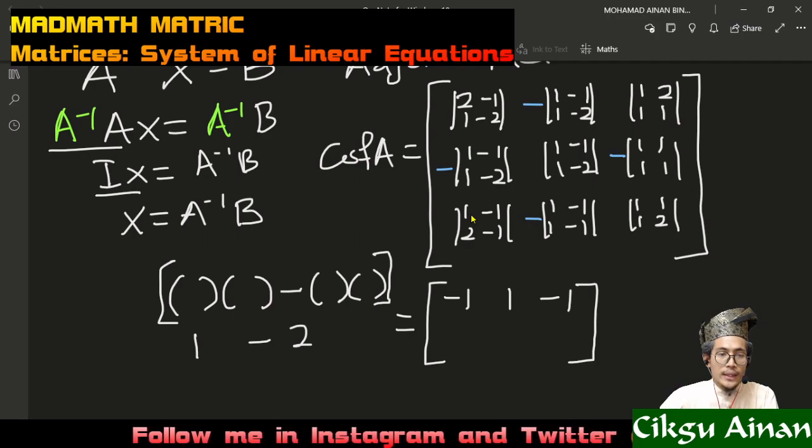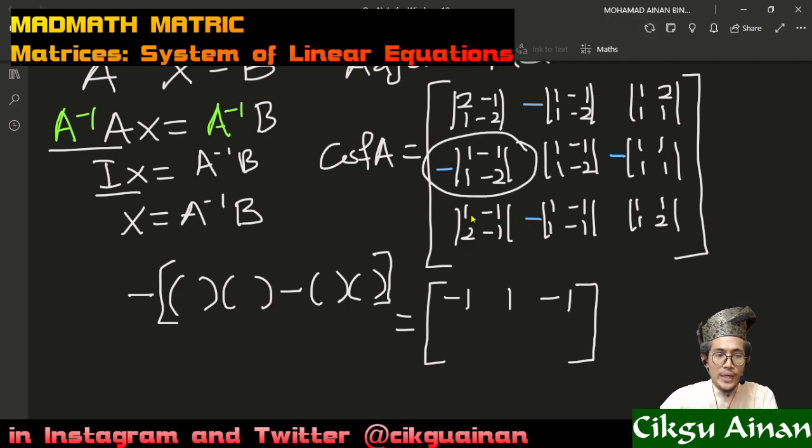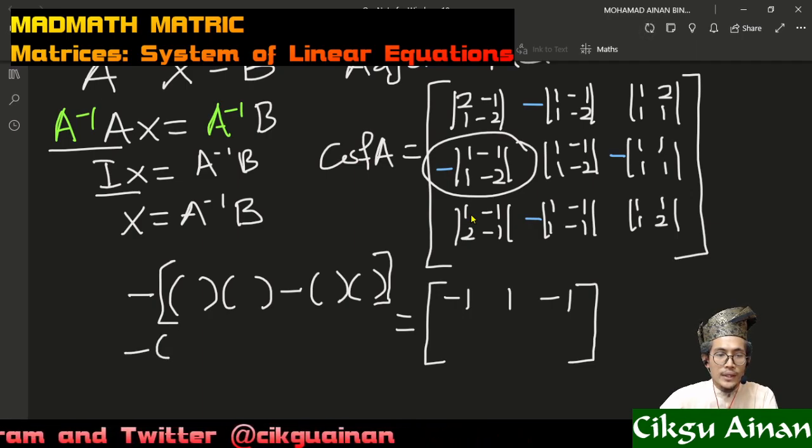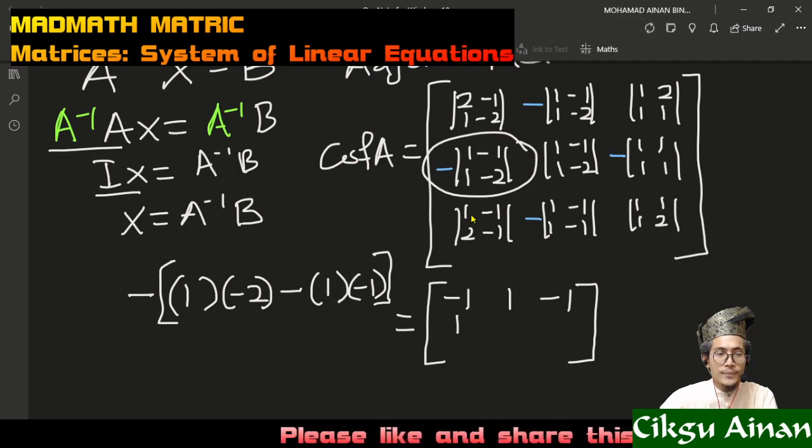And then the next one is this one. Beware the negative in front. Now 1, minus 2, 1, minus 1. So what do we get? Minus 2 plus 1, minus 1 plus 1. Positive 1. Then erase all.